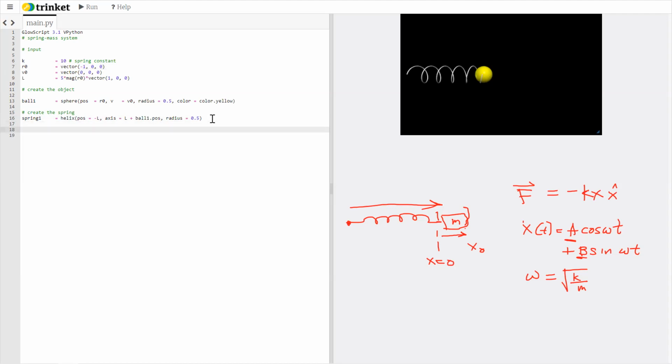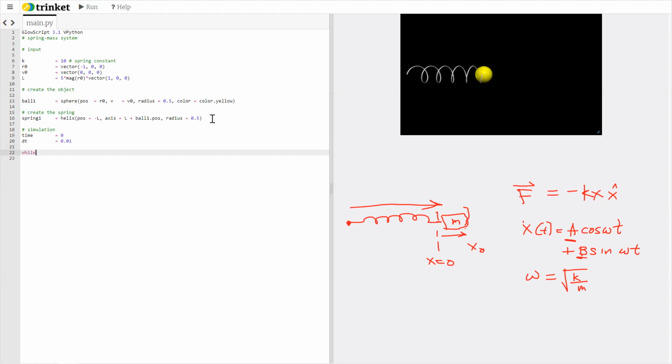Now we can simulate the motion. For the simulation, you need initial time, 0, and the time step, we fix it at 0.01. Then we can adjust them accordingly.